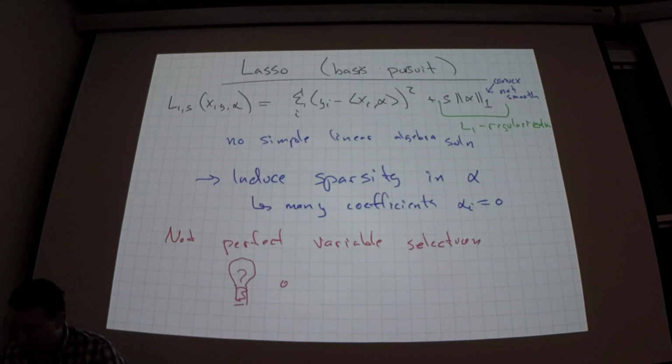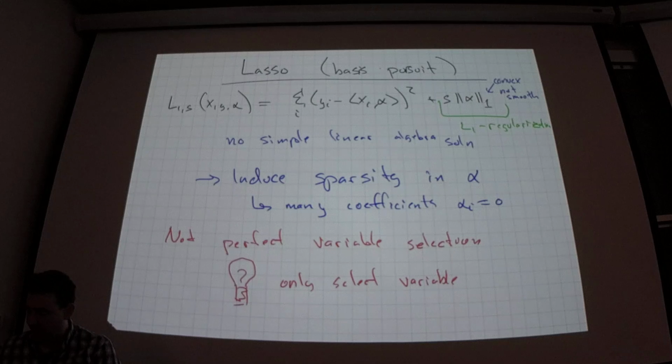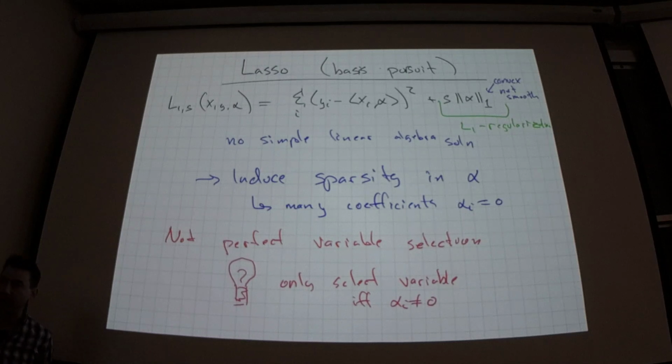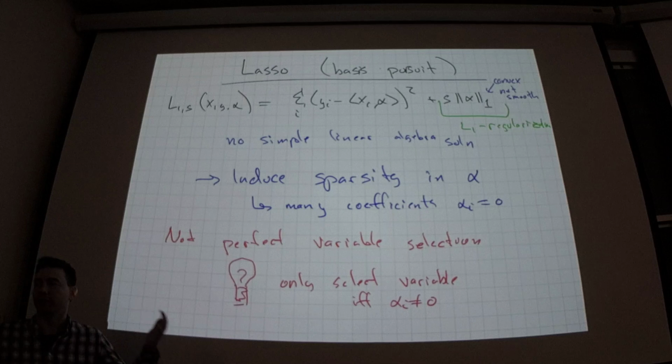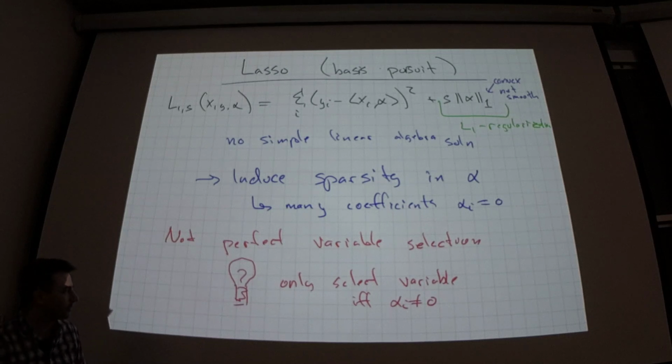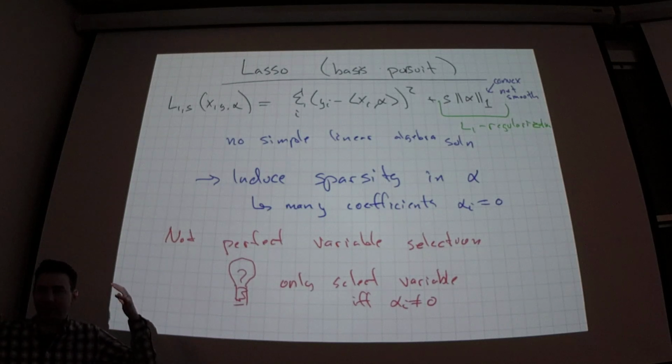I will only select the variables as being important if and only if alpha I is not equal to 0. Those are the only ones which I think are important. The rest I can say aren't important. It's a very reasonable idea.